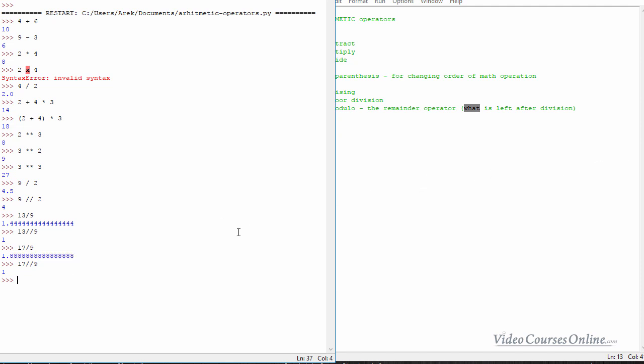So when you do something like 13 modulo 9, we got as a result 4, and you are like, hey, but this is not this thing. Well, it's not exactly this thing. The truth is that 4 divided by 9 is 0.44444.